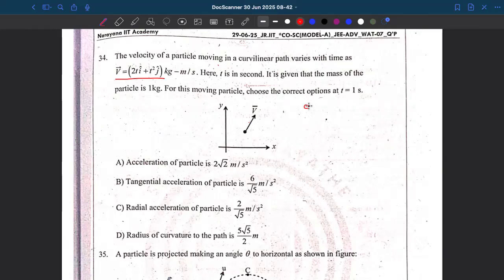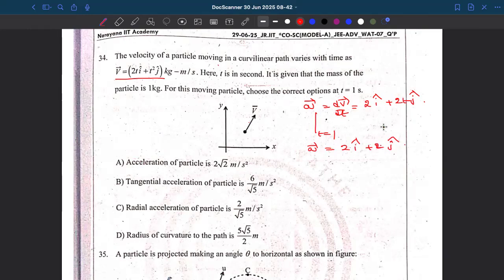Now, acceleration is nothing but dv bar by dt, which is 2i cap plus 2t j cap. At t equal to 1 second, a bar is simply 2i cap plus 2j cap.